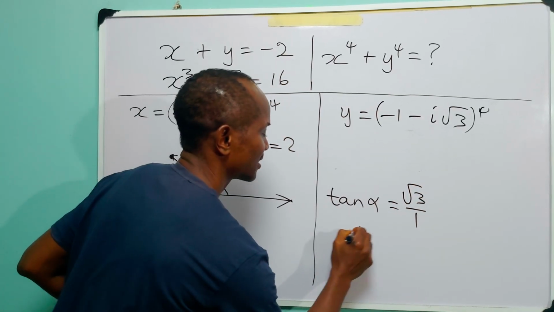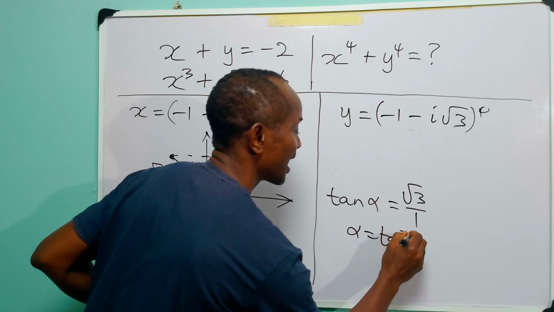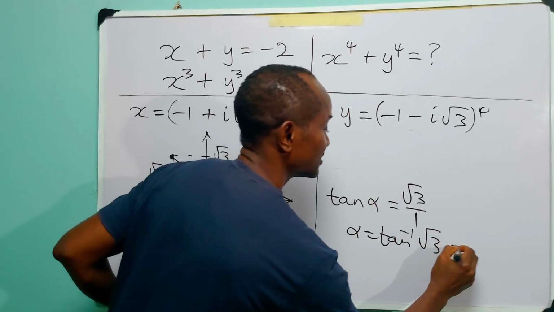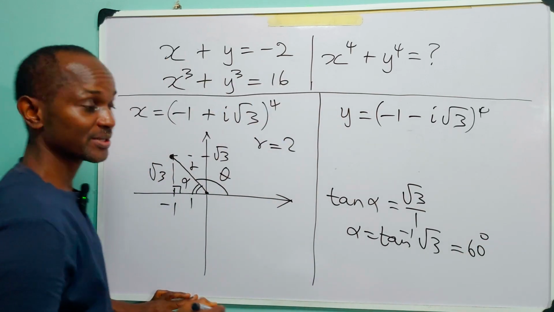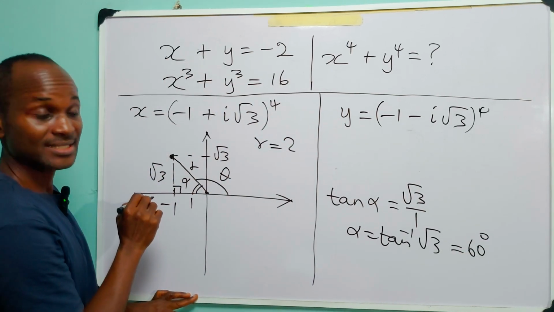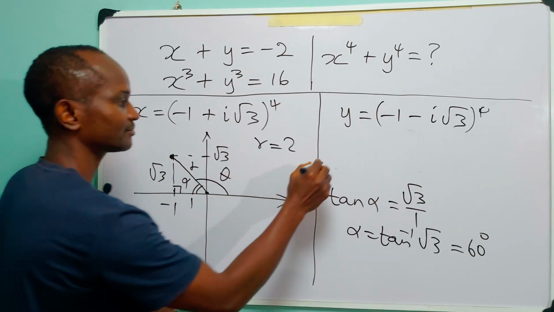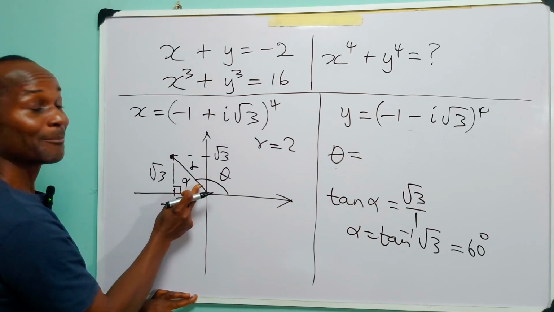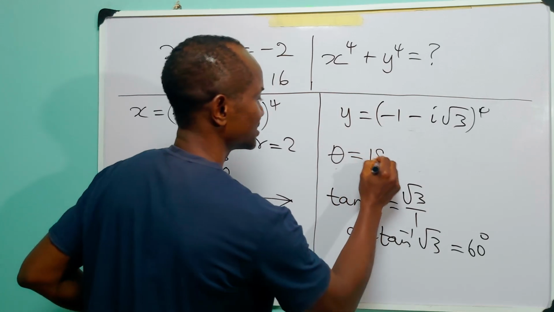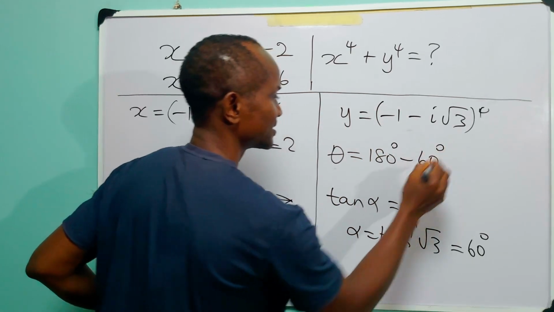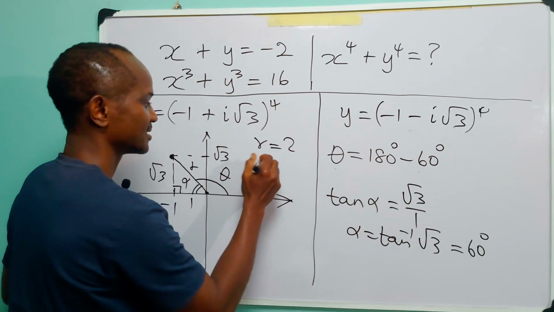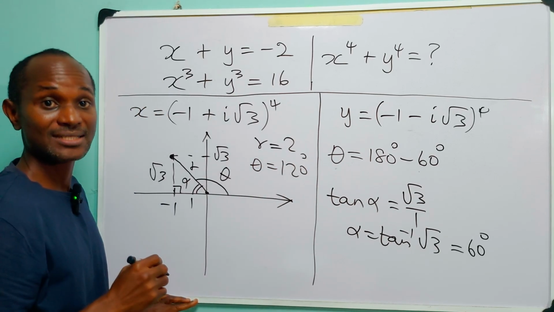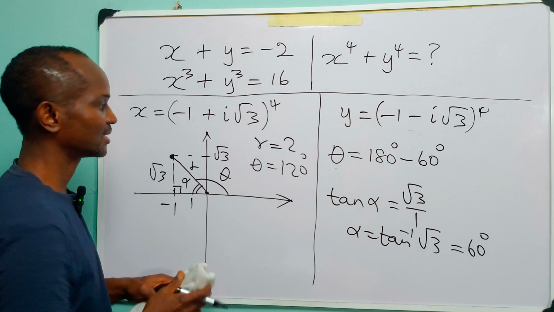And from here, we have that alpha is equal to arctan or inverse tan root 3. And this is equal to 60 degrees. So this angle is equal to 60 degrees. Therefore, theta is simply equal to 180 minus 60 degrees. And this is equal to 120 degrees. Now you can see why I say that they are very easy to calculate.